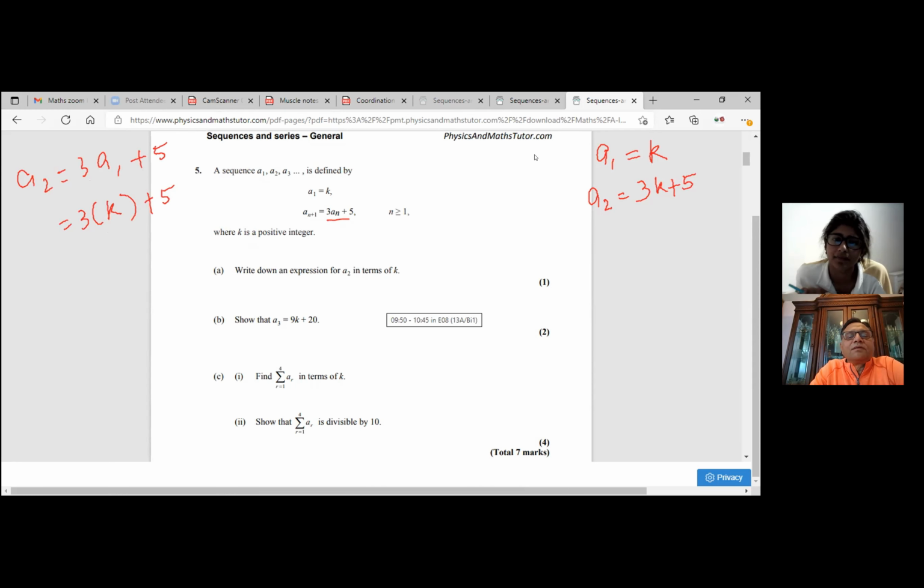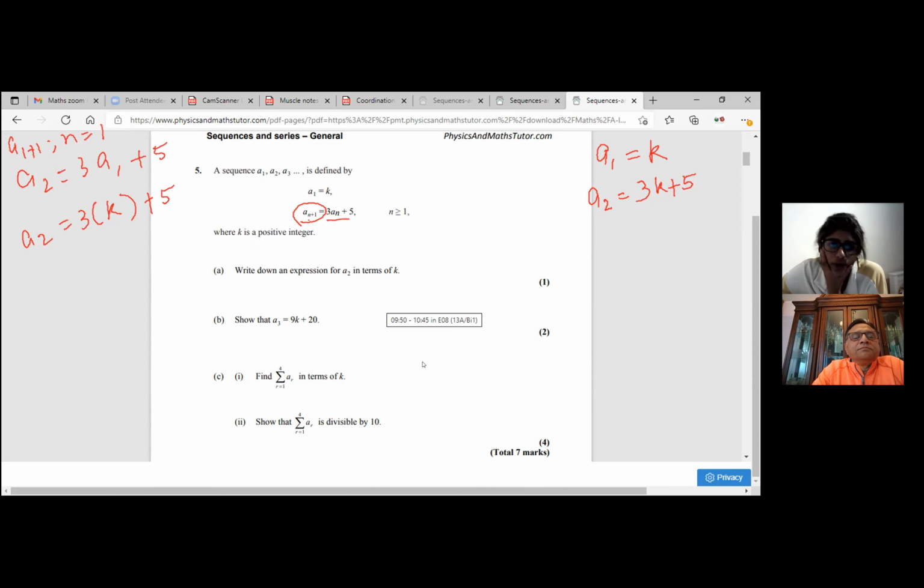Here n plus 1 with n equal to 1 becomes a2, which equals 3 times a1, because that is a(n) with n equal to 1. We found n plus 1, which is a2, and with a1 known as k, we get the formula: 3k plus 5.